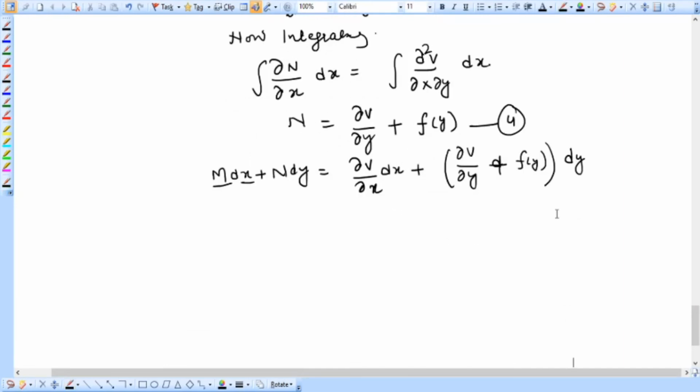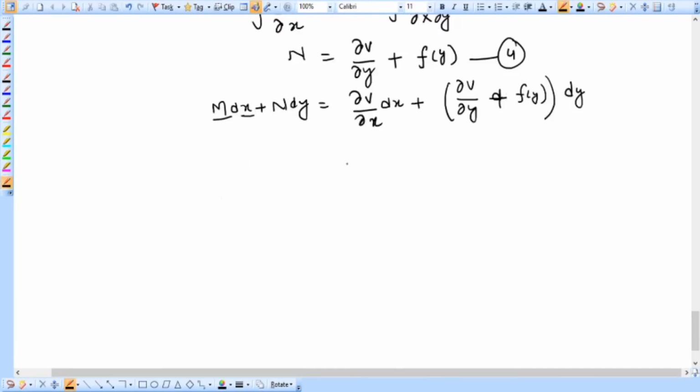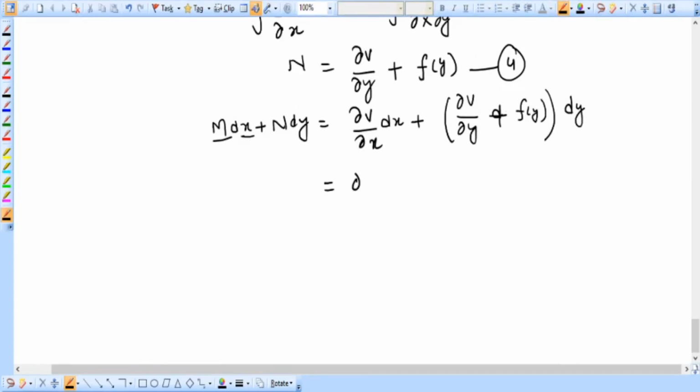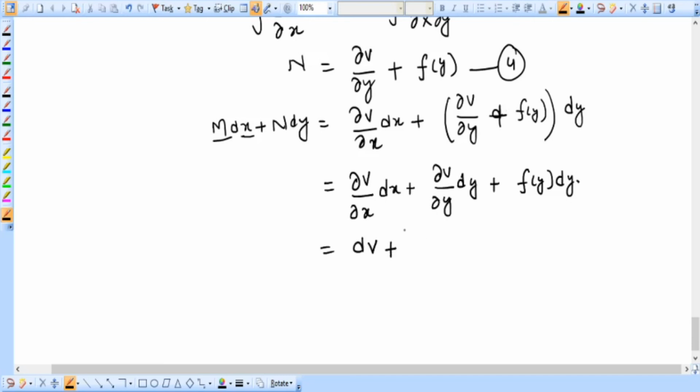Now this can be written as curly v over curly x dx plus curly v over curly y dy plus f(y) dy, and earlier we saw the definition of exact differential, so we can write it as dv plus f dy.